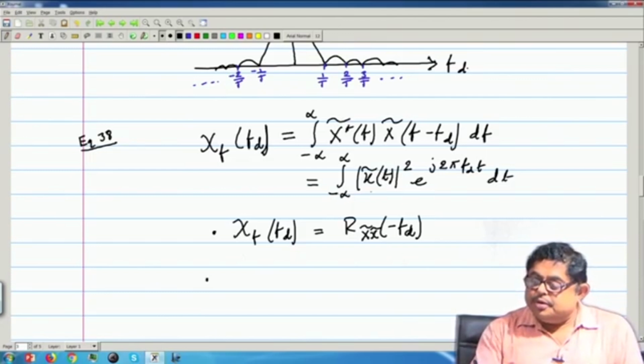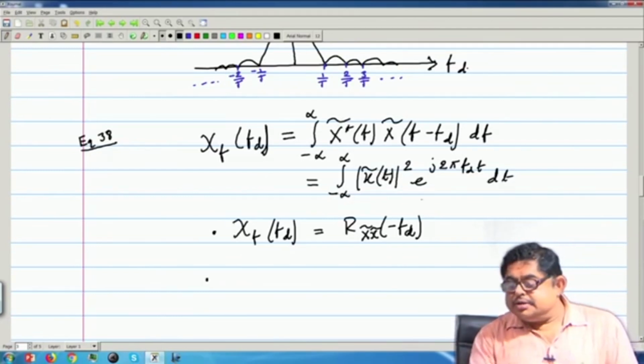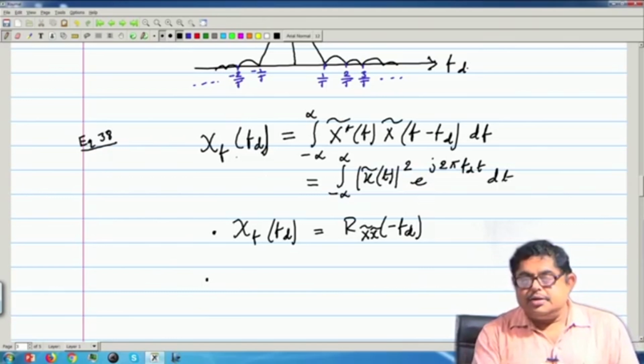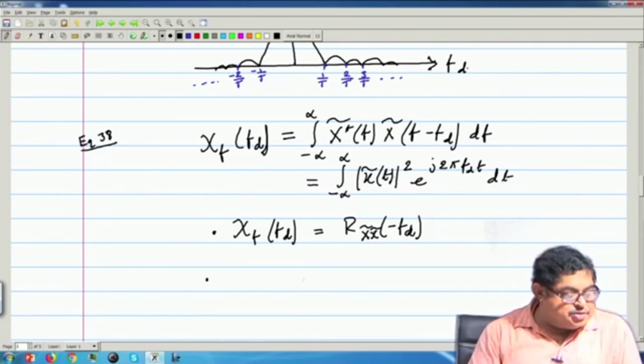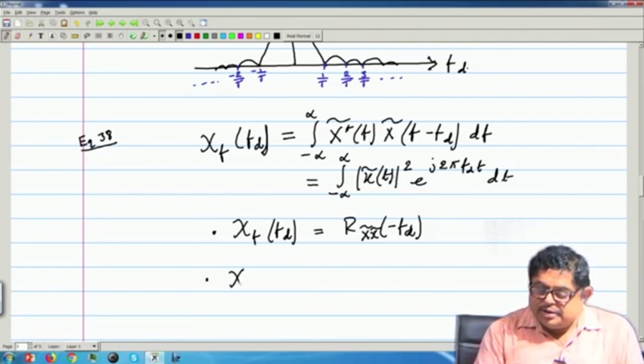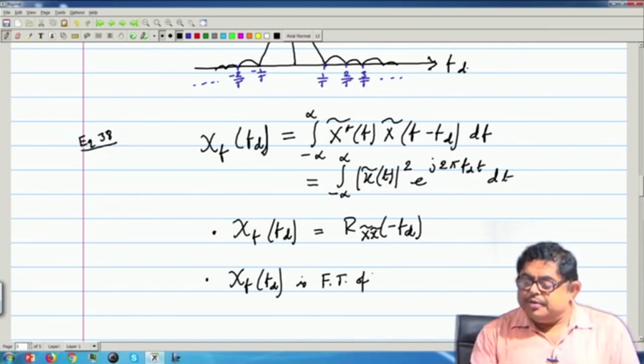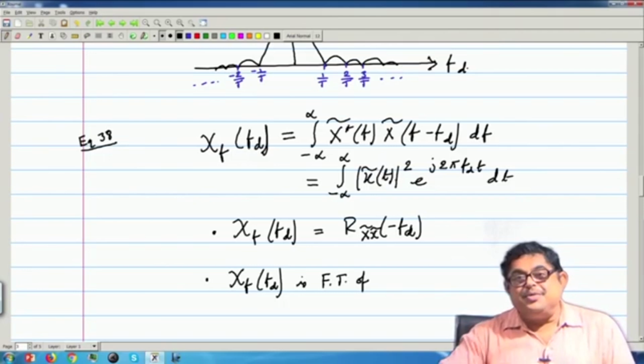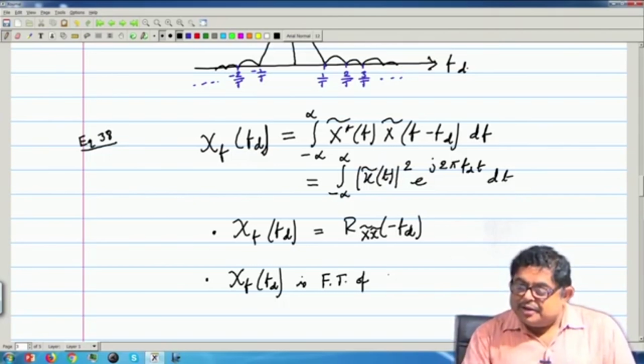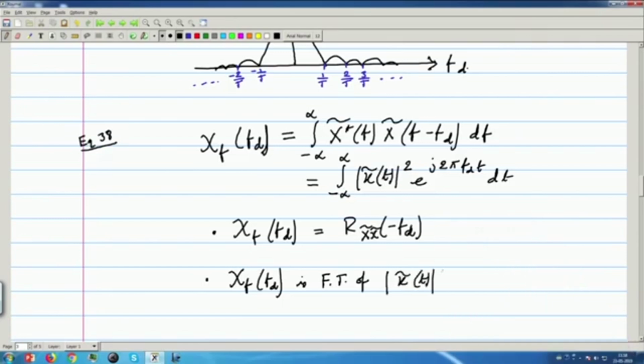Also, if I look at the second part of equation 38, can I say that the frequency correlation function is the Fourier transform of the magnitude square of x t.